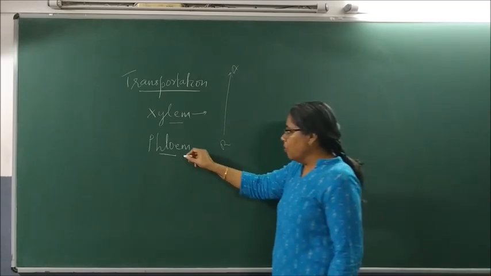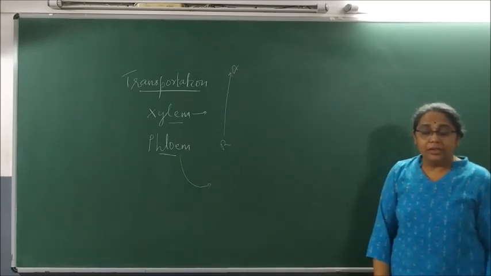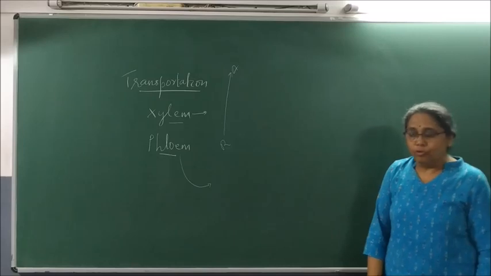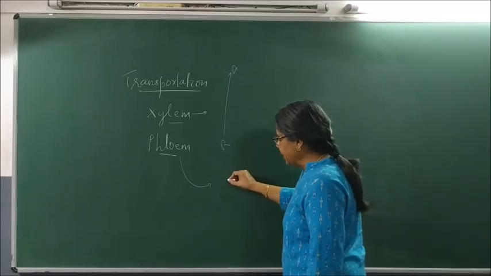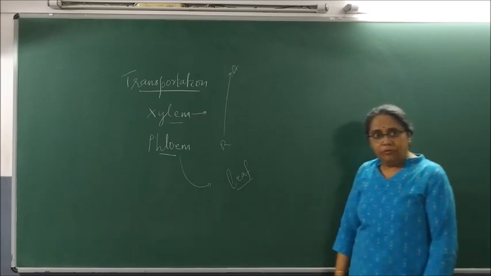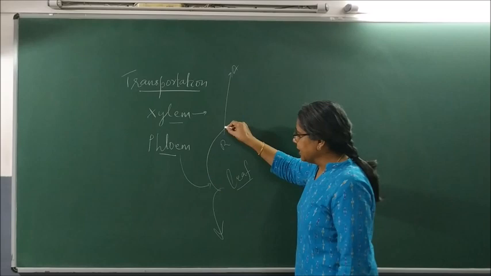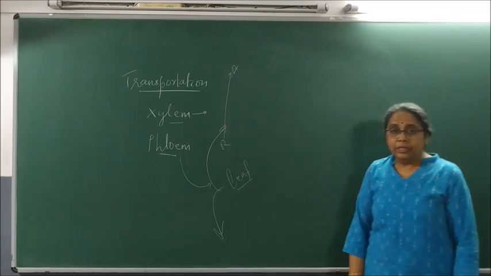Whereas phloem is mainly used in transportation of food, and the food factory in the plant is the leaf. The leaf is the one which prepares the food. So phloem can take it downward as well as upward.